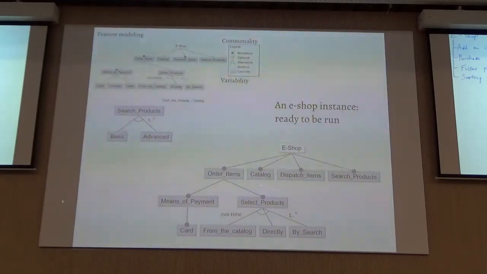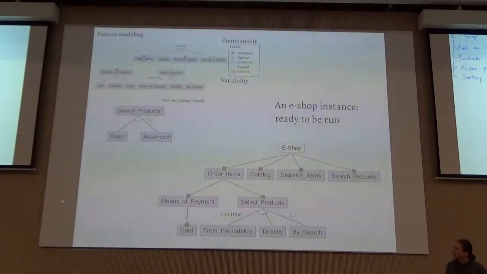And if we go deeper, so far it looks fine, but if you go deeper here to the select products feature, I'm not sure whether I want to provide from the catalog directly or by search, whether I want to provide these features as something that is selected at source time when I made my source code, or at compile time when I compile my system, so that in runtime I cannot switch between them.